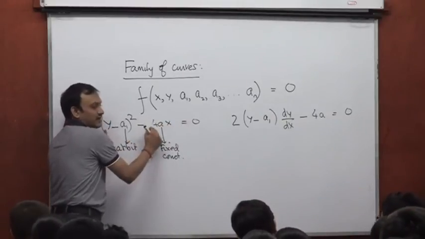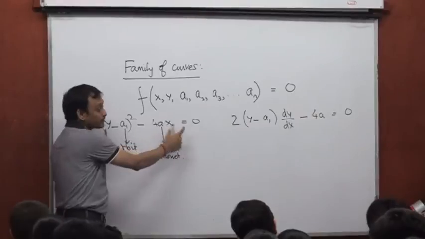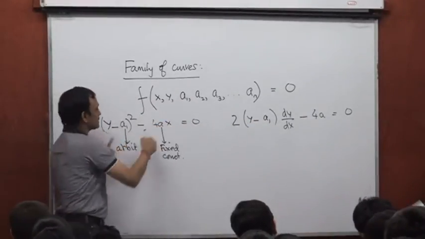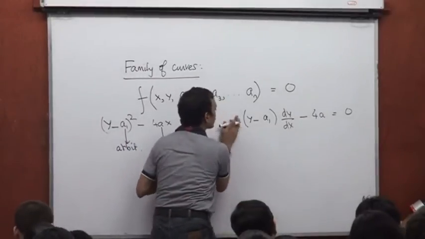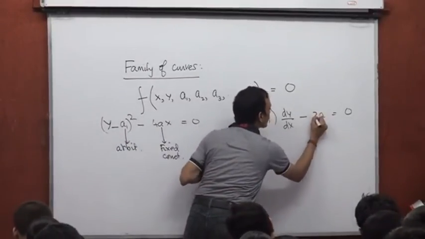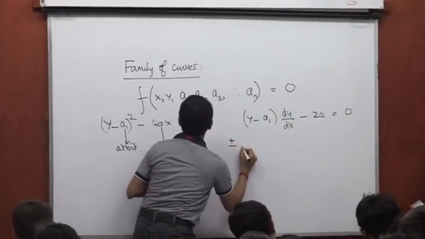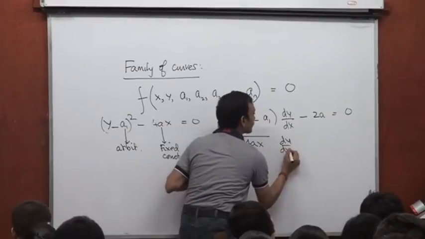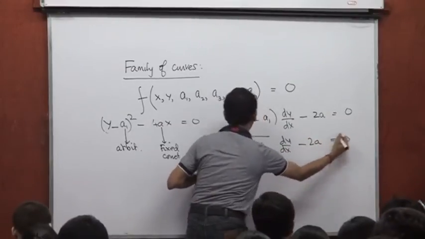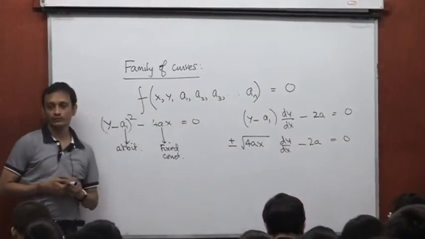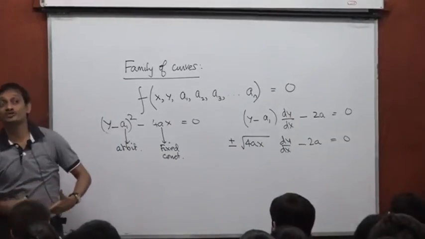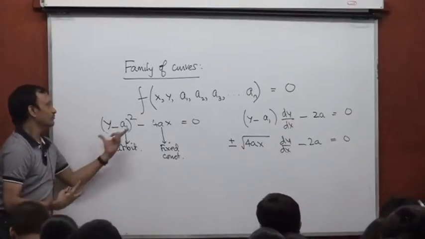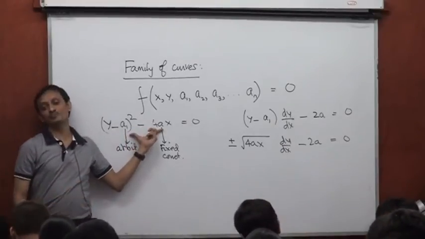So this y minus a1 could be written as plus minus root 4ax. So this would represent the differential equation for this entire family of parabolas.